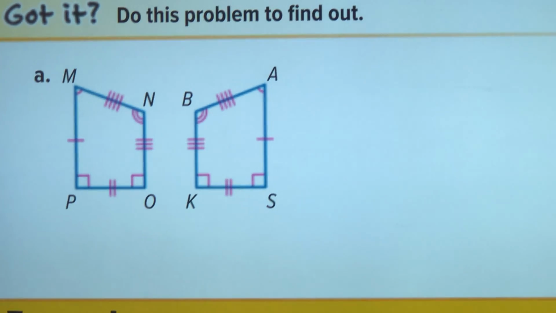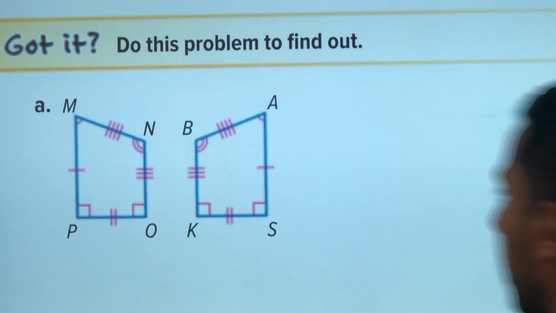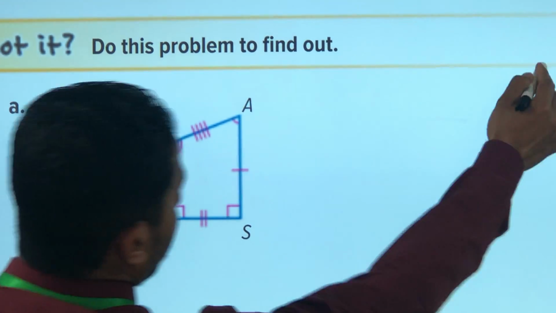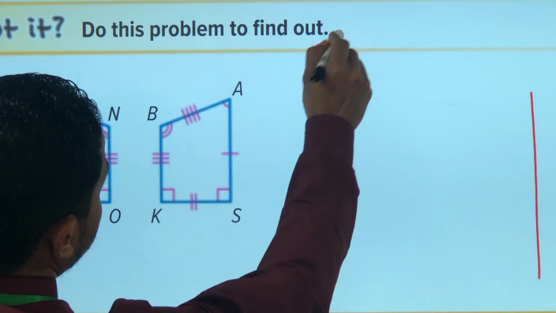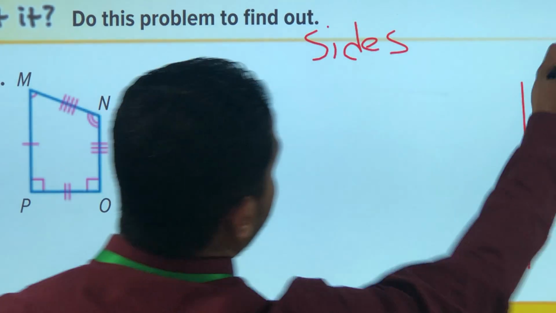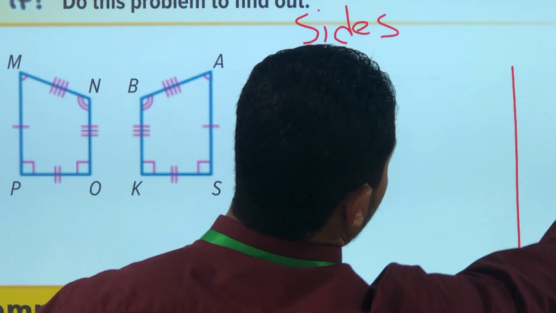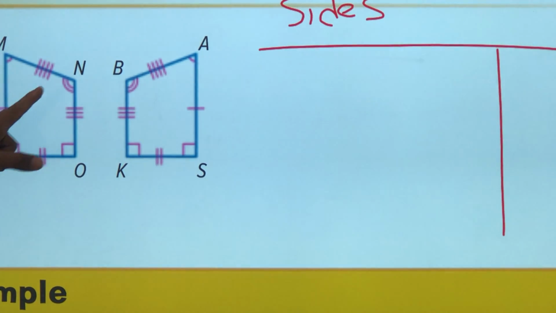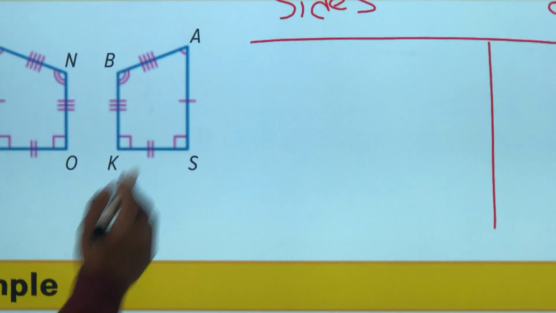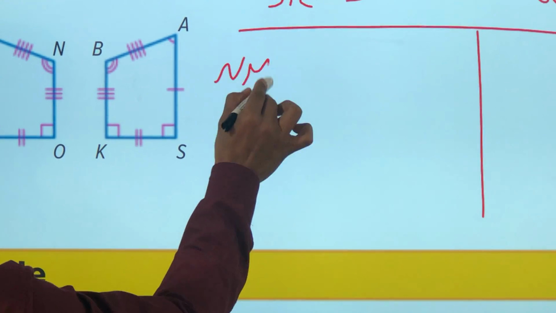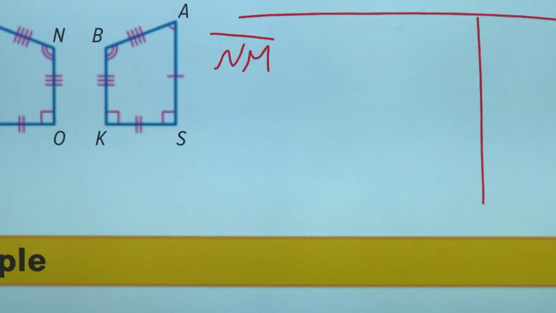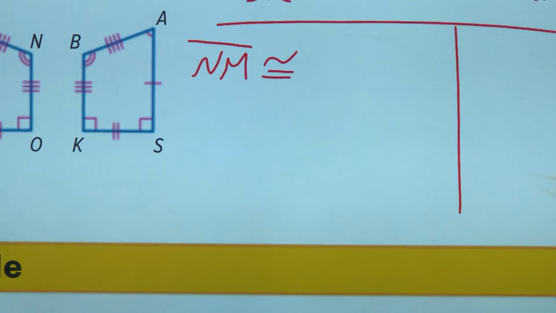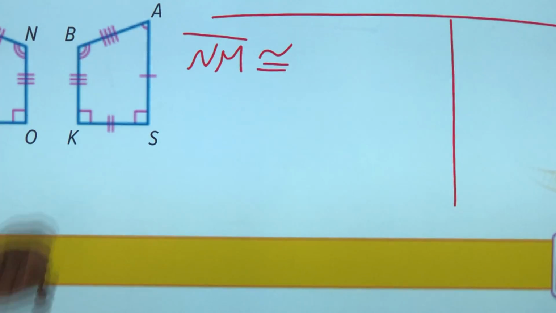Let's start from the left. I divide sides and angles. First, segment NM, and don't forget the line segment, is congruent to PA.